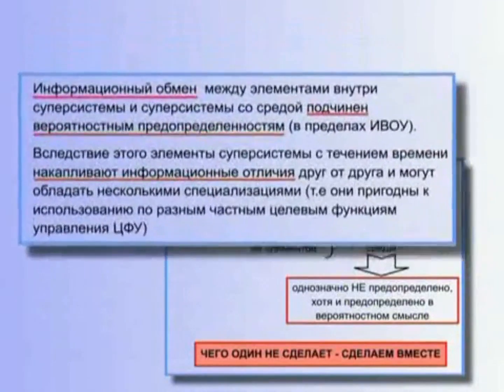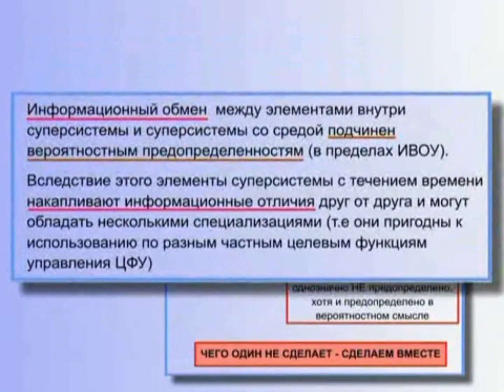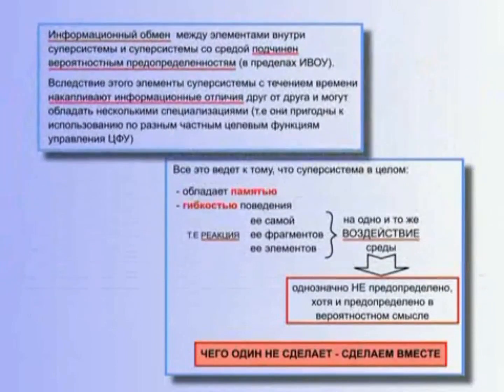This is normal, and so the information exchange between the elements within the supersystem and the supersystem with their series, they are subject to probabilistic predeterminations within the hierarchy of higher encompassing management. The elements of the supersystem accumulate informational differences from each other over time and can possess several specializations, meaning they are suitable for use in various specific control functions.